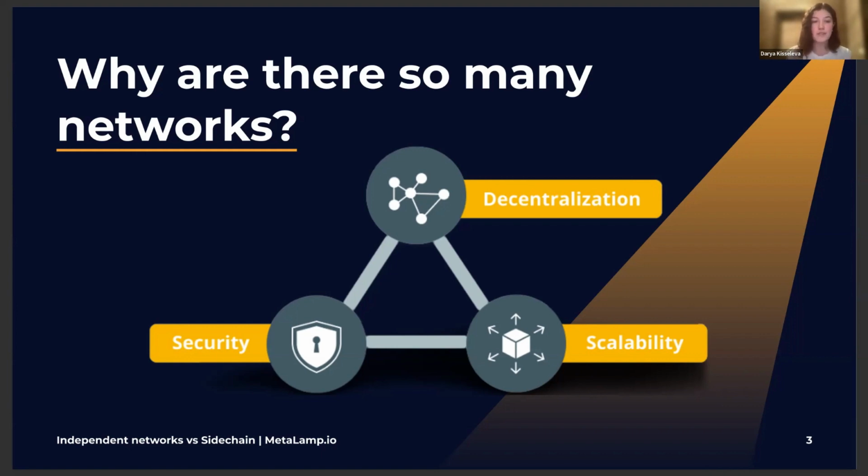Before you start developing your project, you definitely need to evaluate what will be necessary for your project and what you are ready to compromise. For example, security is very important for financial projects like DEXs, launchpads, swaps, etc. While for play-to-earn games, scalability, speed, and lower cost of transaction are the priority.